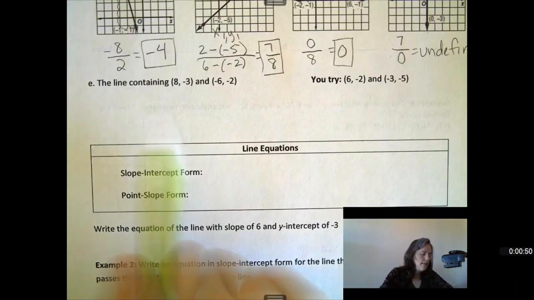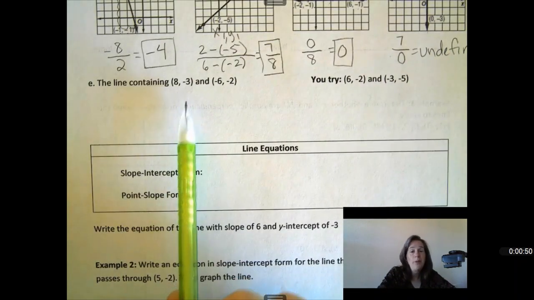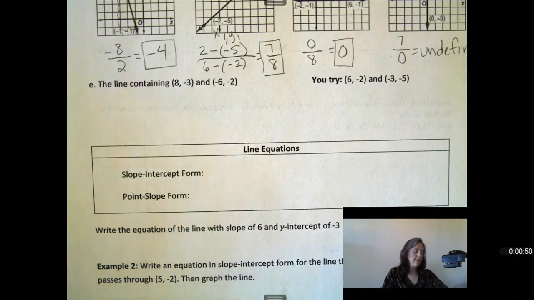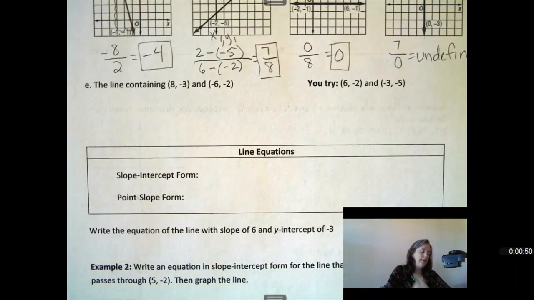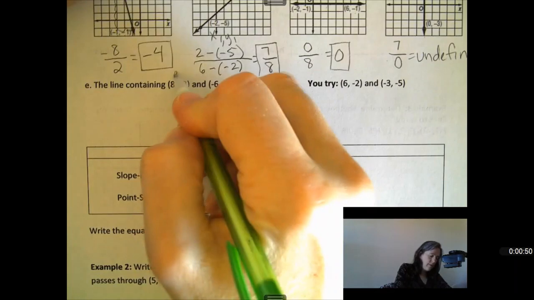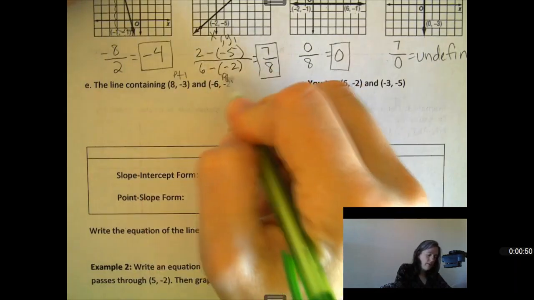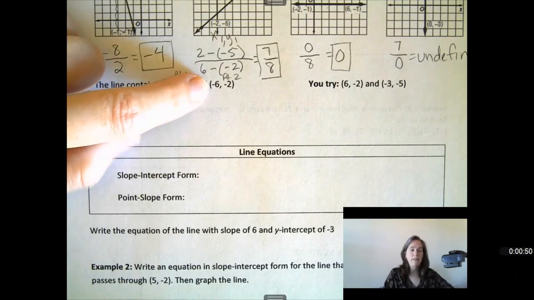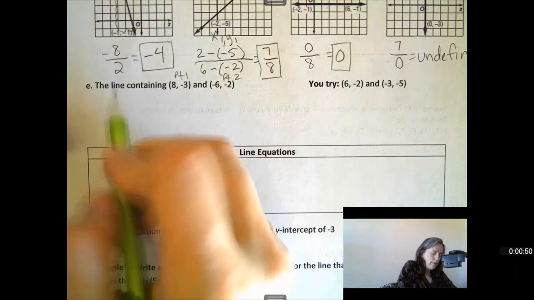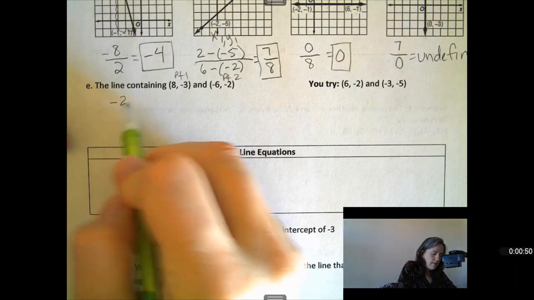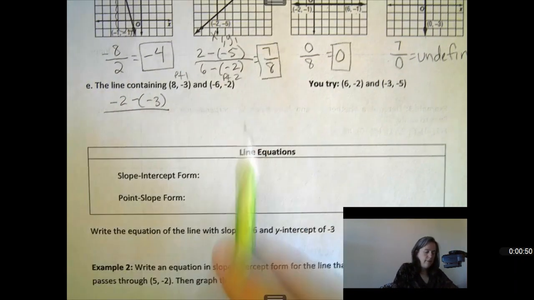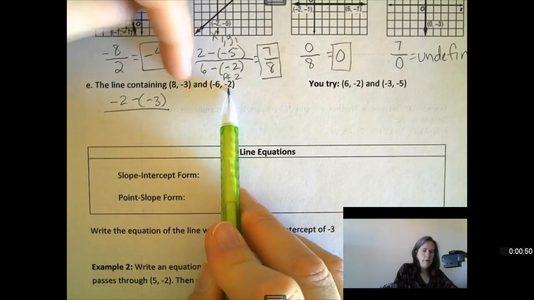All right, we've got another one here that we want to try. This is just the points. We don't have a graph. So we'll need to kick in our y2 minus y1 over x2 minus x1. And let's just call this point 1 and this one point 2, which means this is x1, y1, x2, y2. And we'll plug them in. Okay, that was our y2 minus y1.